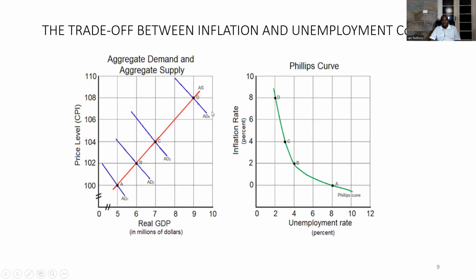As you can see, as aggregate demand increases from 81 up to 84, in other words, when there is demand pull inflation, because there is demand pull inflation and then cost push inflation.